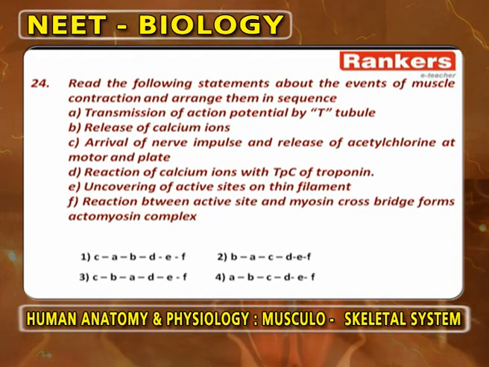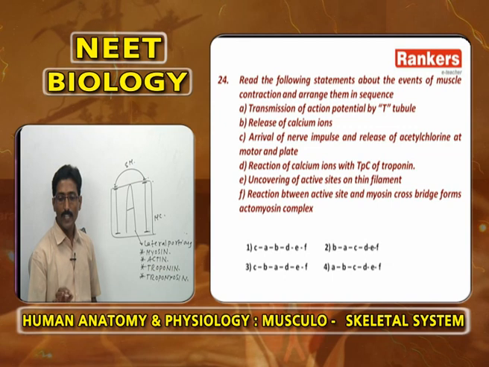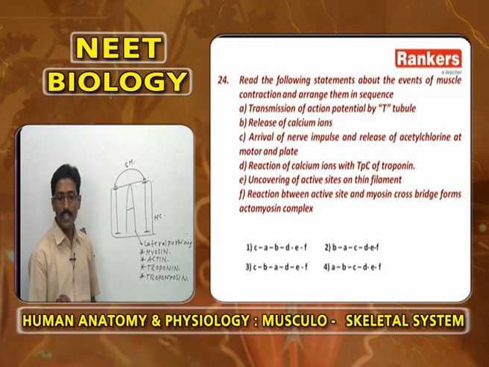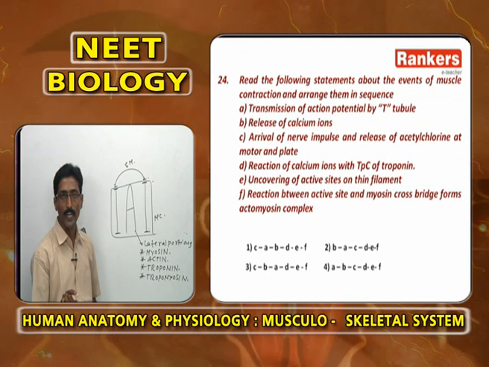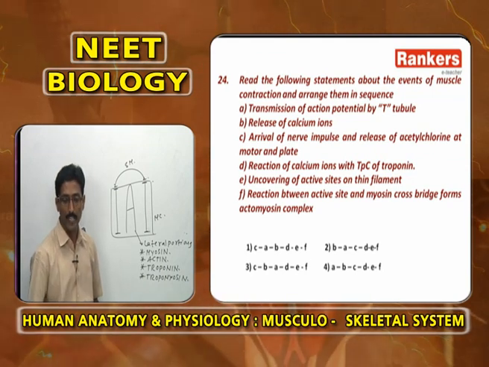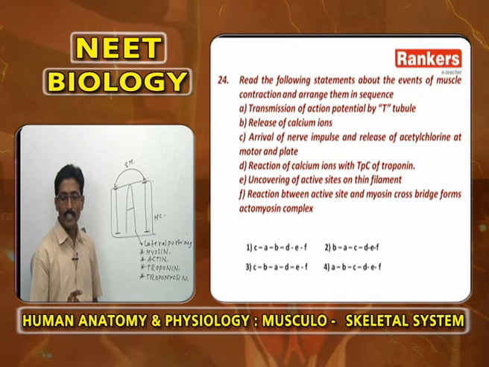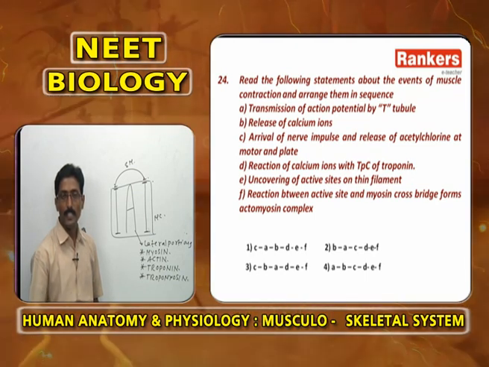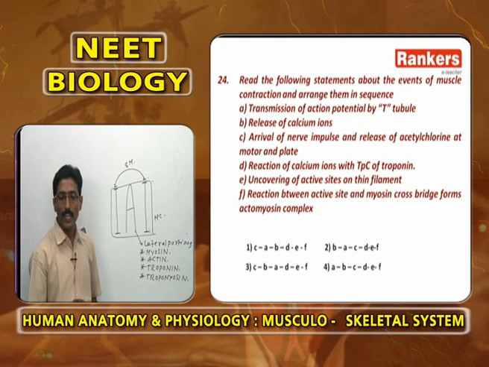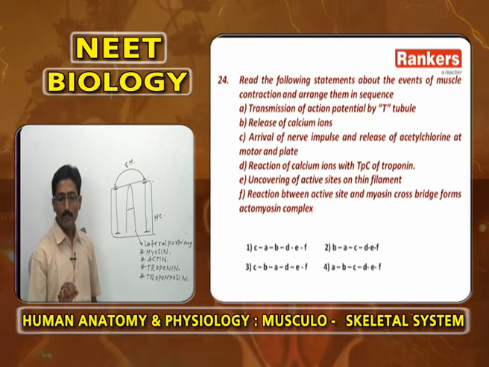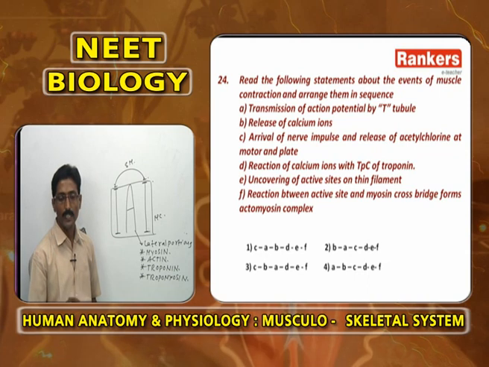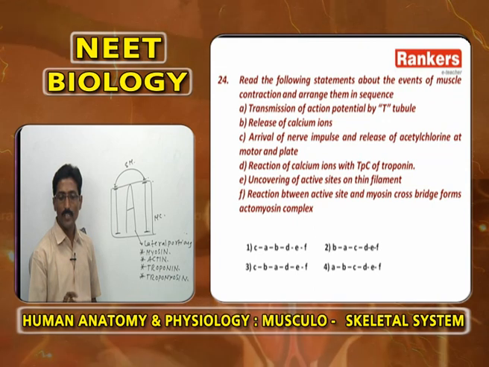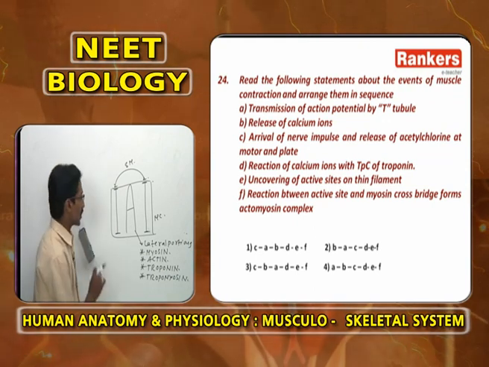Arrival of nerve impulse and release of acetylcholine. Students again observe. Release of acetylcholine at motor end plate. Reaction of calcium ions with TnC, uncovering of active sites. Reaction between active site and myosin cross bridge forms actomyosin complex.